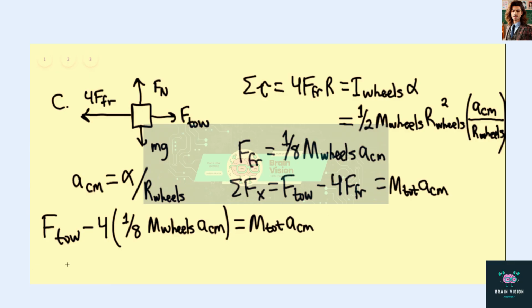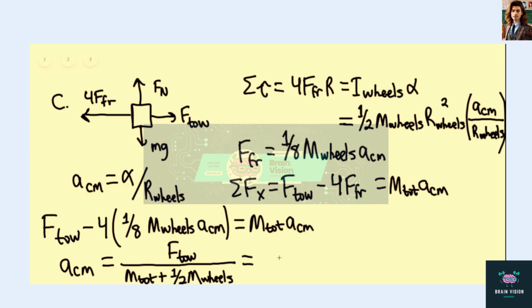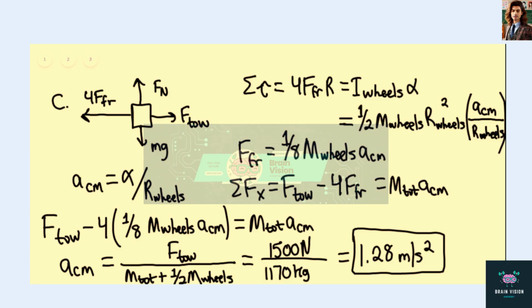And so we find that the acceleration of the center of mass will be equaling the force of the toe divided by the total mass plus 1/2 times the mass of the wheels. And this is equaling 1,500 newtons divided by 1,170 kilograms. And for part C, we are getting 1.28 meters per second squared for the acceleration of the center of mass. This would be our answer for part C.